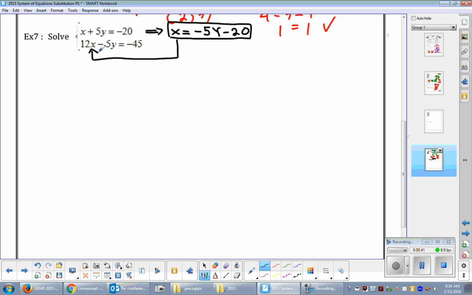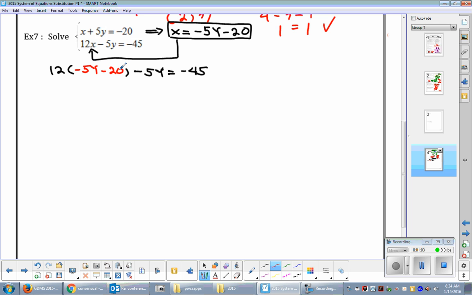So you will have here 12 times x minus 5y equals negative 45. But our x here is equal to negative 5y minus 20.